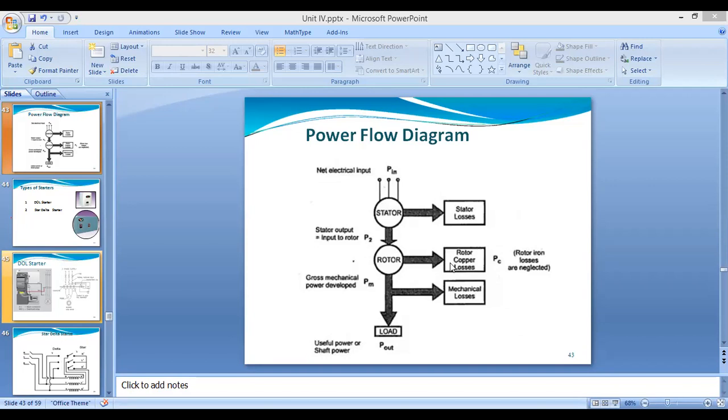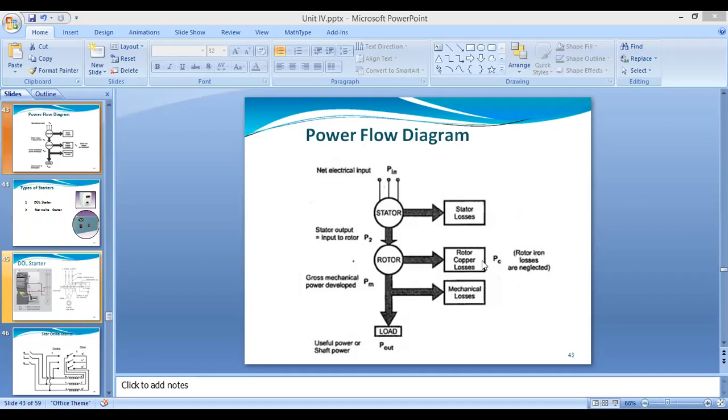Since the iron loss depends upon the rotor frequency, which is very small, we can neglect it. But the rotor will also have copper losses, so we cannot neglect the copper losses. The rotor iron loss is very small as compared to the rotor power, so we neglect it and take the loss as PCU, the copper loss.